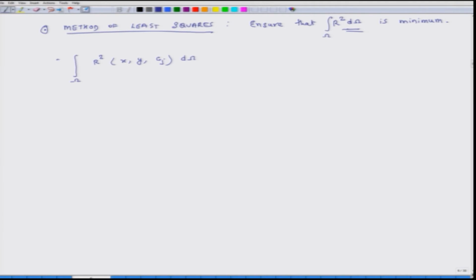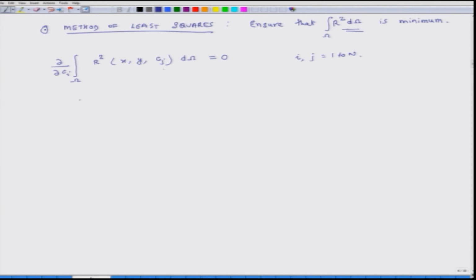That its differential, with respect to the unknown Cj, should be 0. Actually, I will not write Cj here, I will say Ci, because I will differentiate with every single Cj if there are n unknowns. Okay. So I is equal to 1 to n.